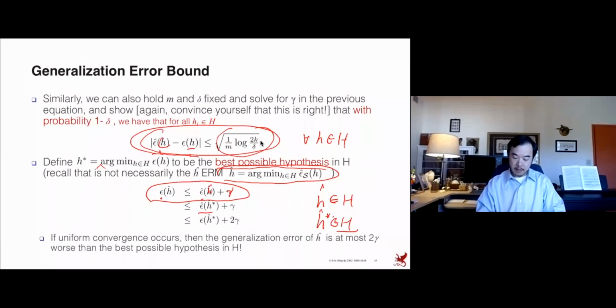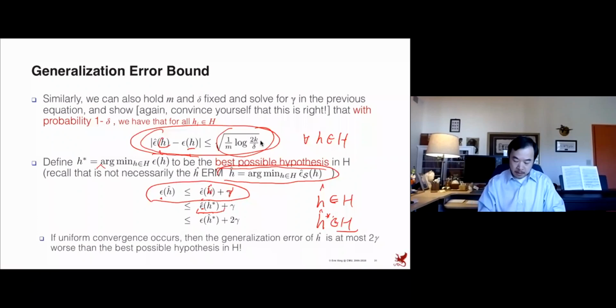And therefore we can plug this in here. This is just by definition, because it's the best possible hypothesis. So it's surely better than your empirical risk minimizer. Maybe it's the same, but it couldn't be worse than that. And then remember, this is the epsilon hat, right? Because it is an empirical error.